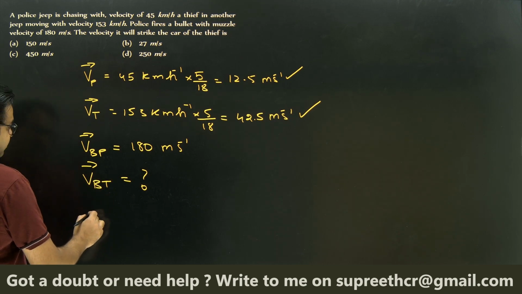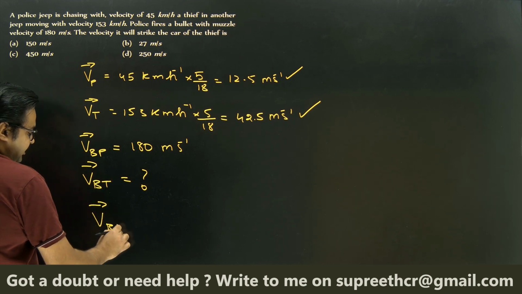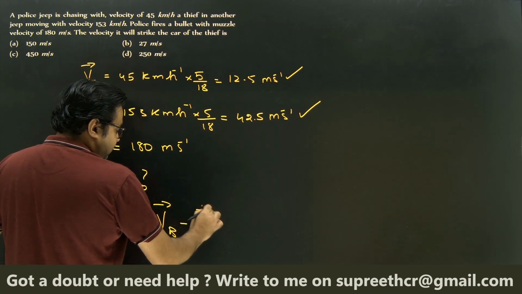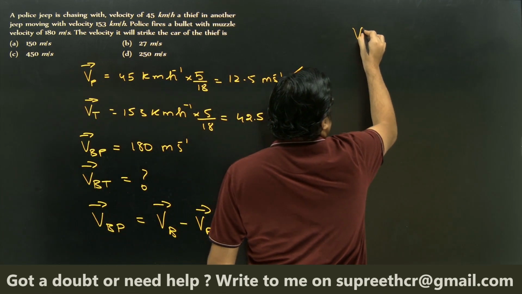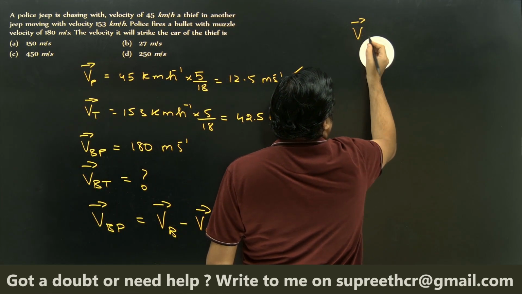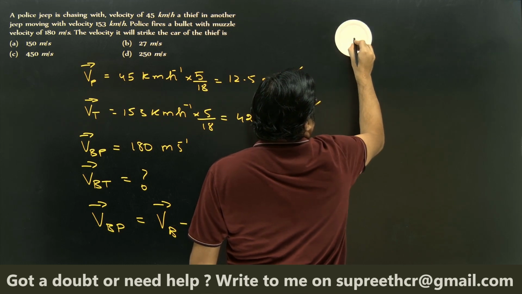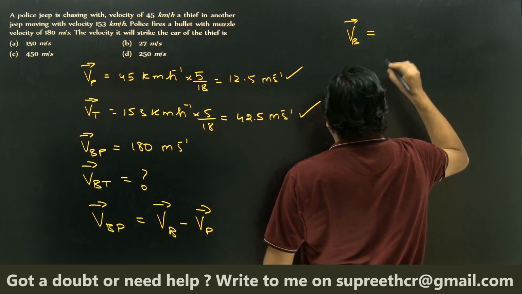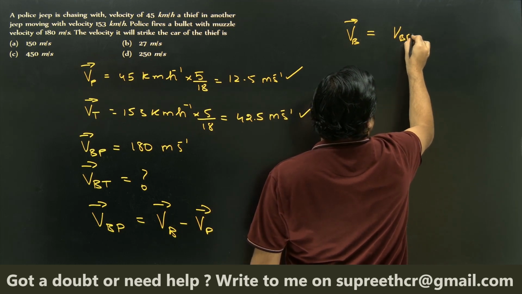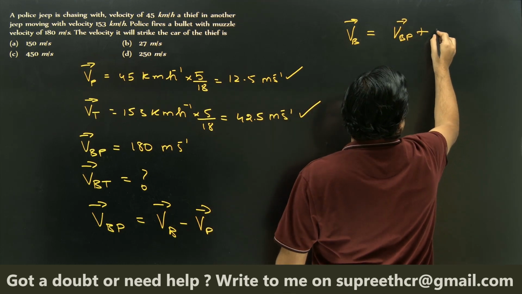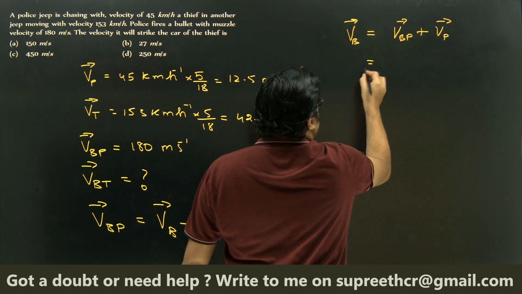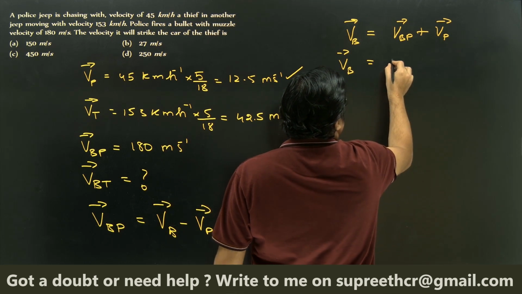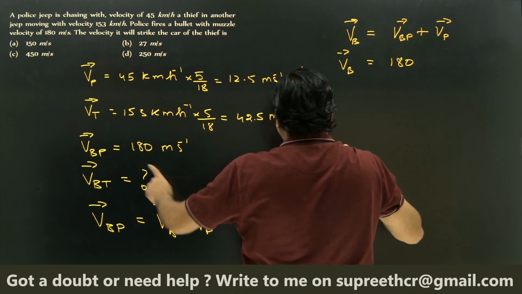So we have velocity of the bullet with respect to police is velocity of the bullet minus velocity of police. So what is the velocity of the bullet with respect to the ground then? Velocity of the bullet with respect to the ground would simply be equal to velocity of the bullet with respect to police plus velocity of police. Now you will see that velocity of the bullet with respect to police is 180. So plus 180.